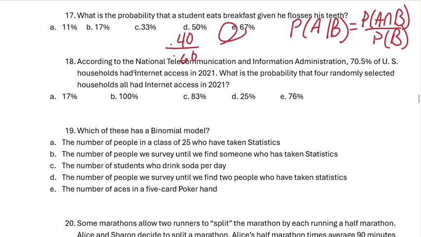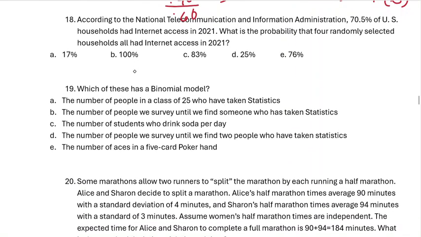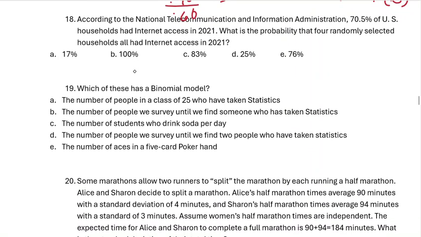According to the National Telecommunication and Information Administration, 70.5% of U.S. households had internet access in 2021. What is the probability that 4 randomly selected households all had internet access in 2021? So we have the number of trials and we have a probability of success, and we want to know the probability of all. So that's binomial.